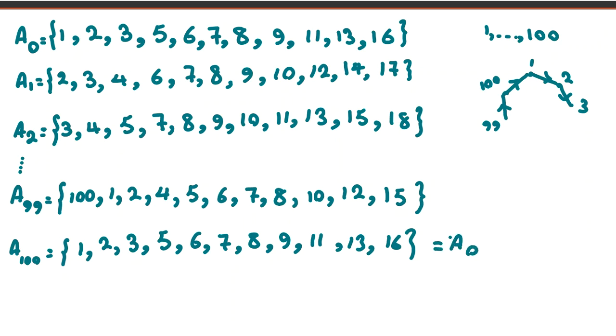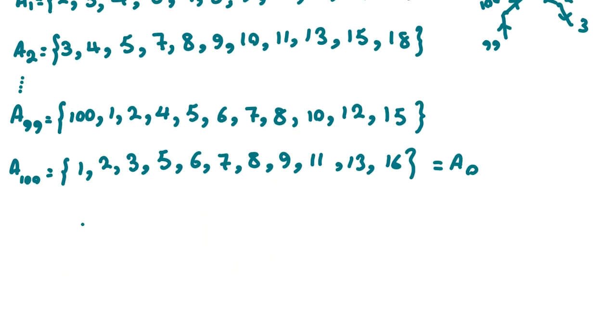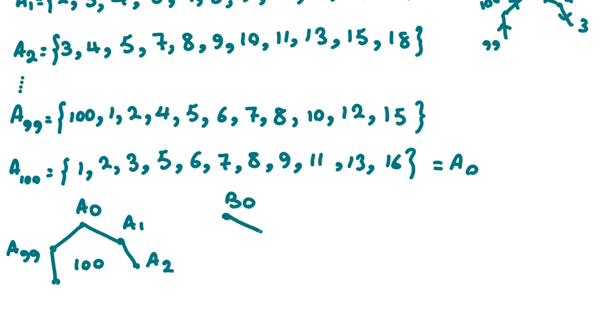So we considered a subset A0 with 11 elements, then A1, A2, up to A99. So we have 100 subsets here. Then we select another subset B0, which is not here, and B1, B2, to B99.